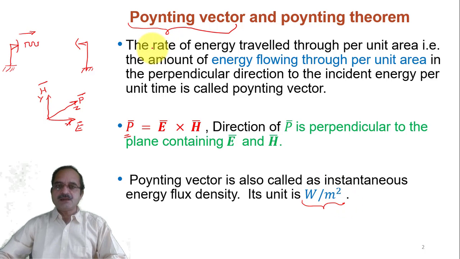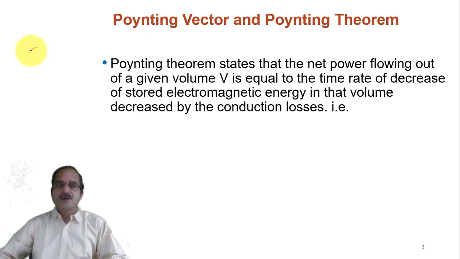Now let us see the corresponding equations for this. If we have some volume here, then as per Poynting theorem, the net power flowing out of this volume is equal to the time rate of decrease of stored electromagnetic energy in that volume, decreased by conduction losses.